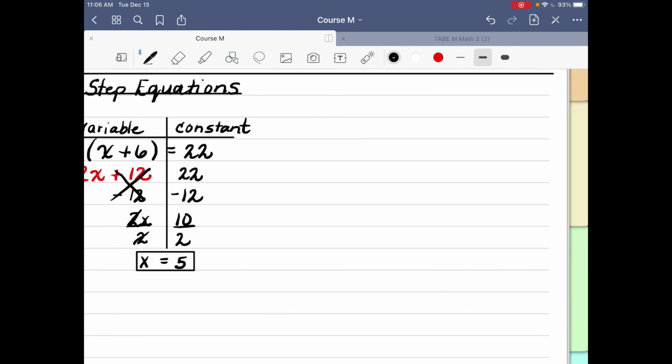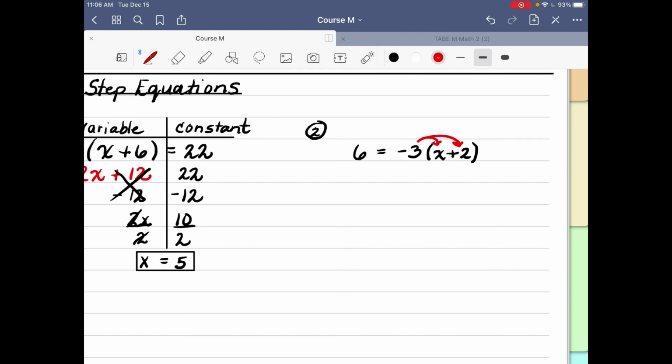Number 2. Remember to keep these very neat and organized. 6 equals -3 parentheses x plus 2 parentheses. So let's distribute.